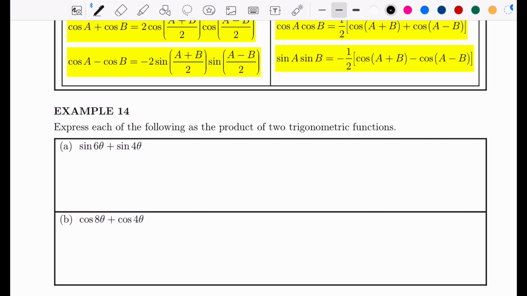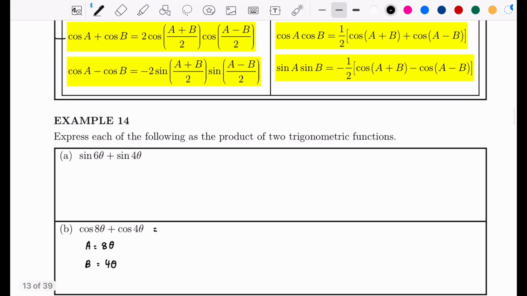For example 14b, our A is 8 theta, our B is 4 theta. So we're going to use the third formula where cos A plus cos B equals 2 cos (A plus B) divided by 2, so 8 theta plus 4 theta divided by 2, times cos (A minus B) over 2, so 8 theta minus 4 theta divided by 2.